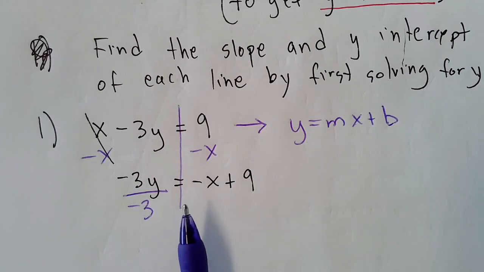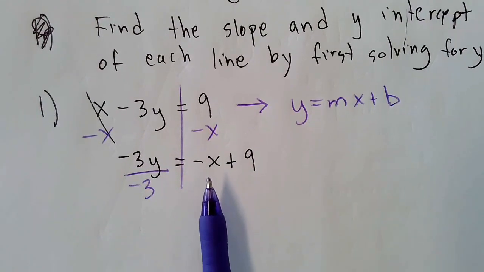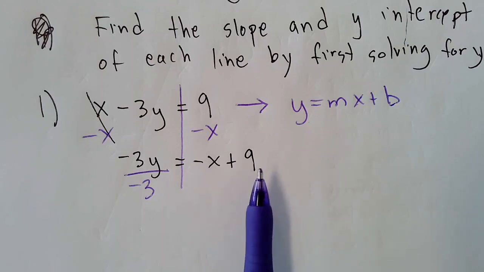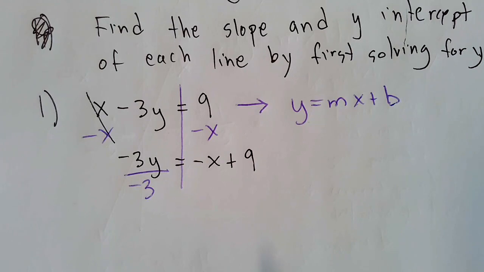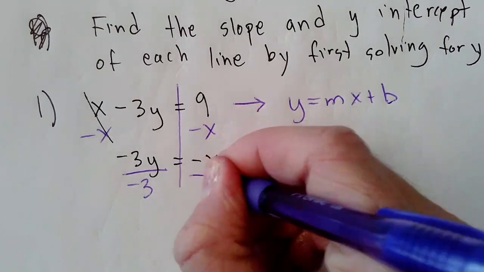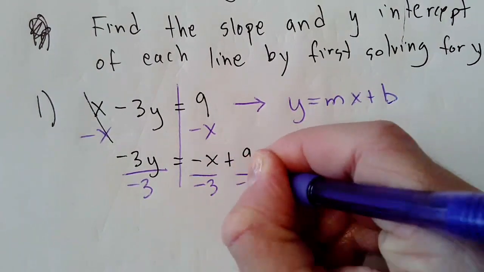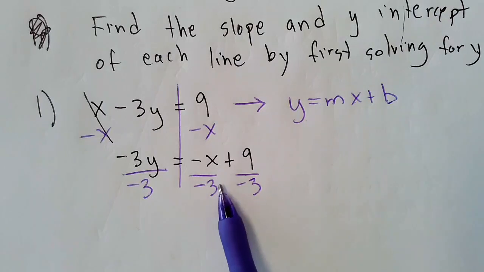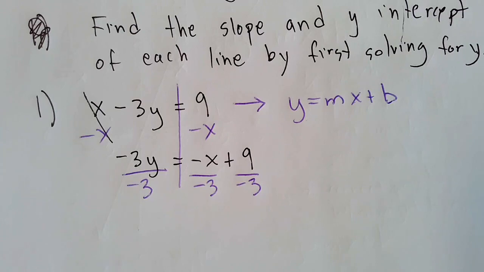When we divide the right side by negative 3, we're going to divide each term on the right side by negative 3, because that is the same thing. Dividing the whole side by negative 3 is the same as dividing each term on the side by negative 3 there.